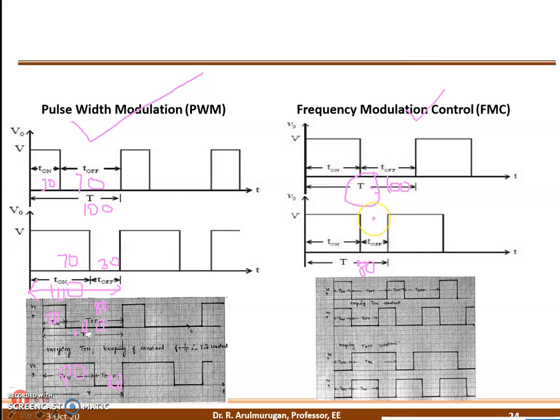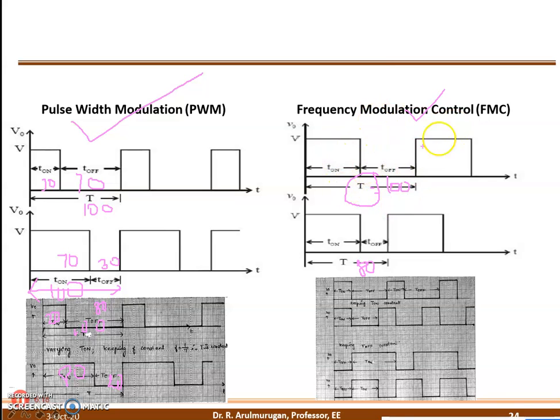Think of a family: if the father is getting disturbances from outside, some problem he is facing, the family members are going to struggle. That is like frequency modulation. Whenever the father gets disturbances or problems in his profession, job or business, the entire family is affected.